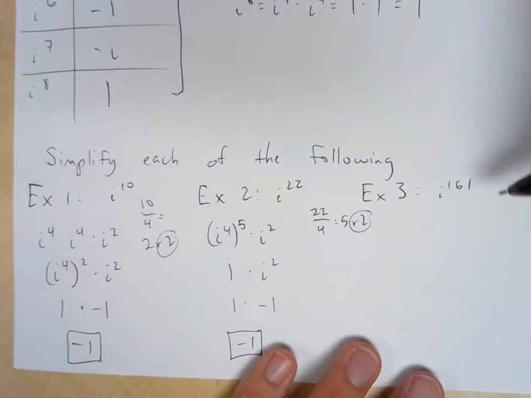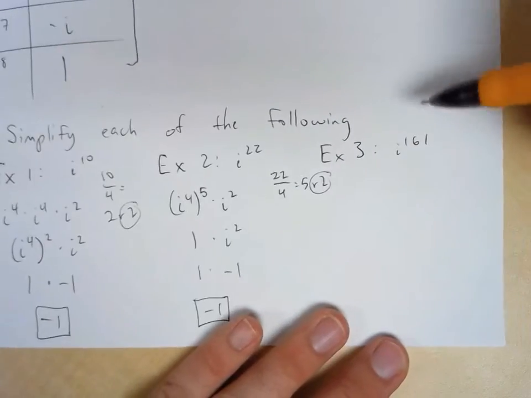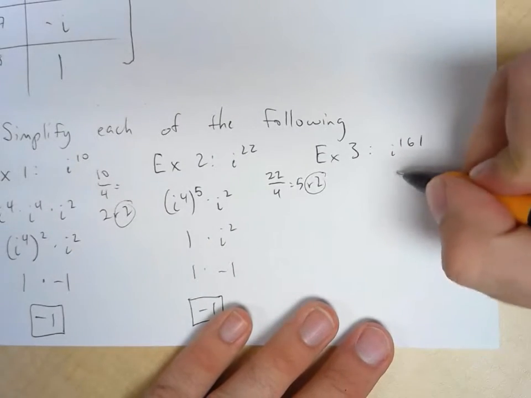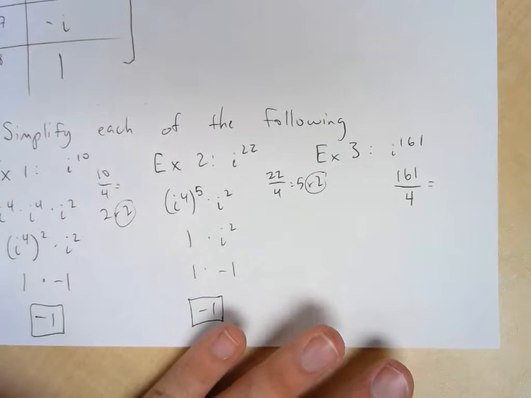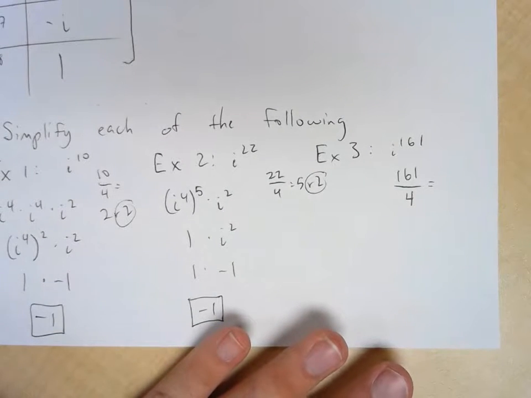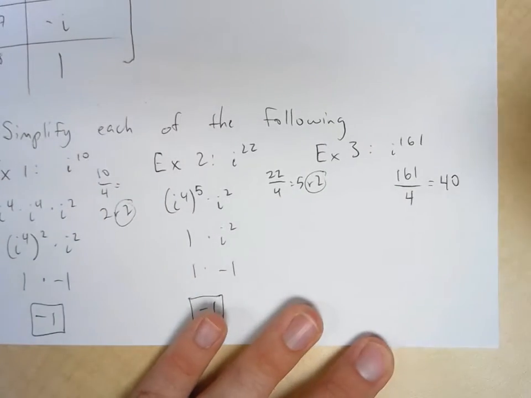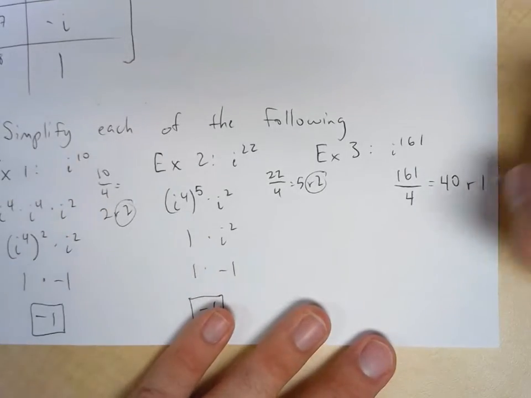Alright, so let's do this with a big number where we can't just do this over and over and over. Instead, let's say 161, and let's use our little shortcut. So we know that 161 divided by 4 is going to give us 40. So 40 times 4 is 160. It says we have a remainder of 1.